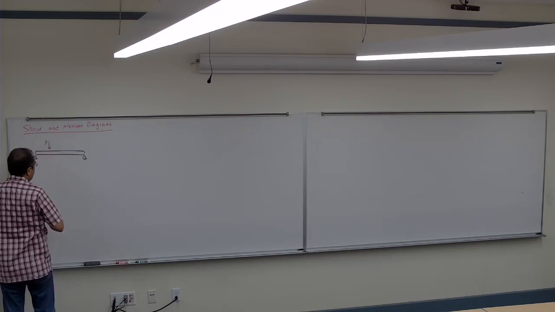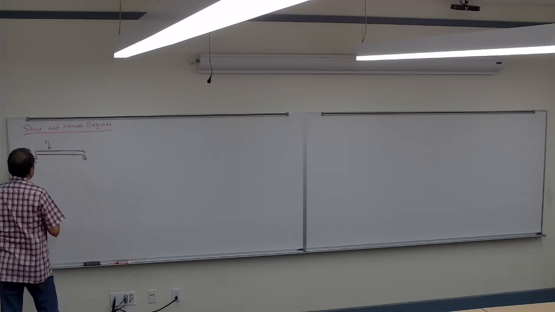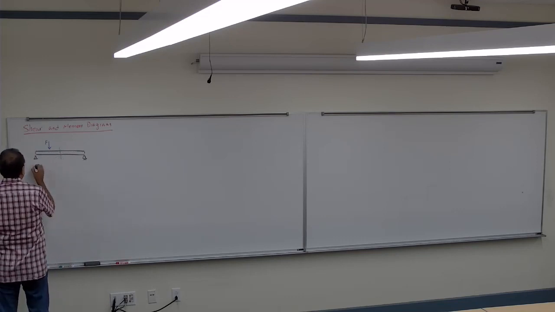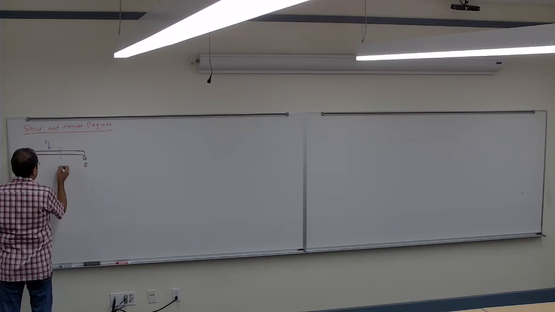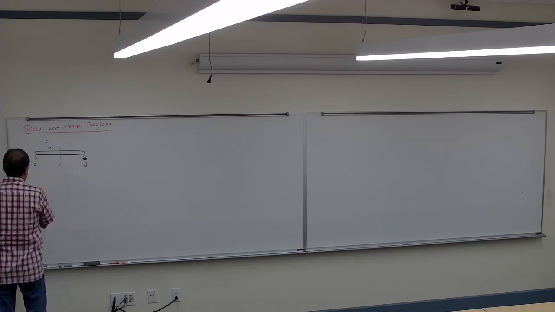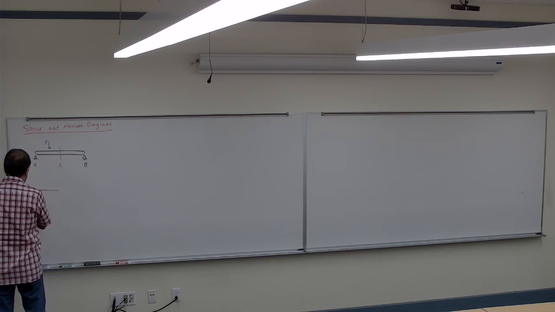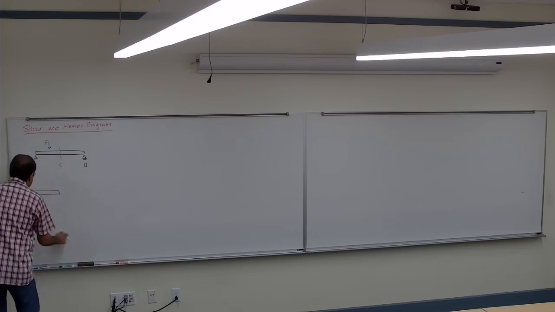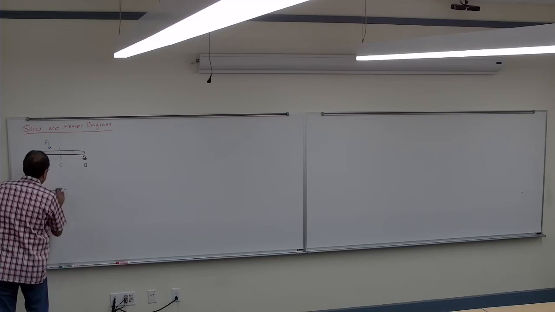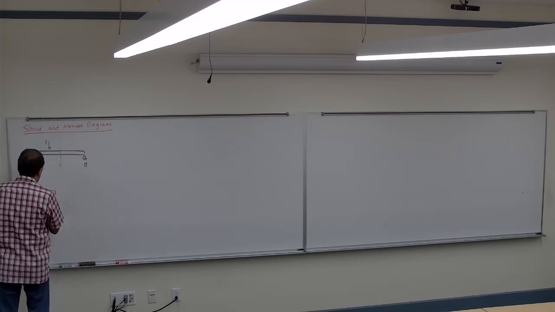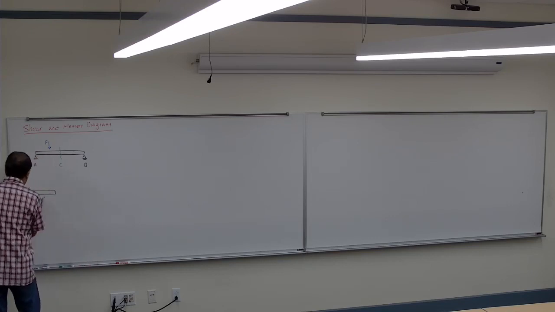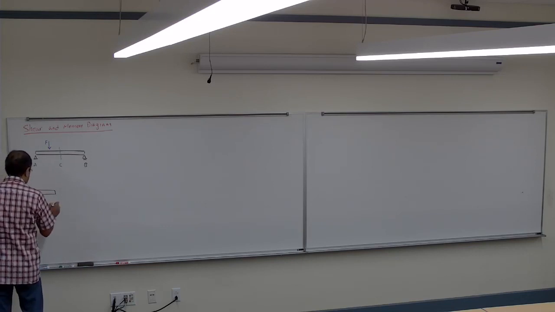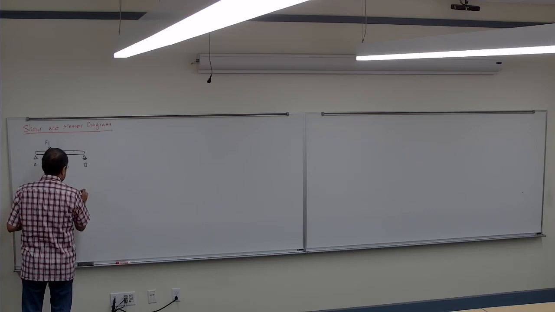If I cut it to see the internal force somewhere here, it is A, B, and then point C. At point C, if I cut it, it's going to look like this. Section AC, and then section CB.